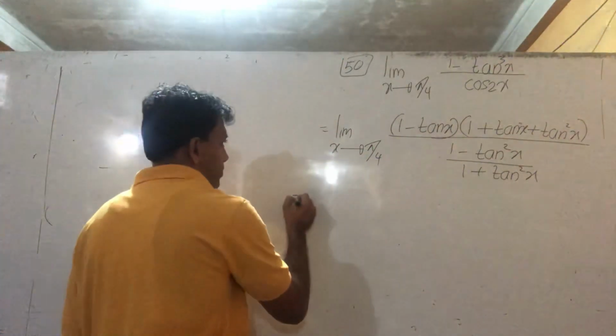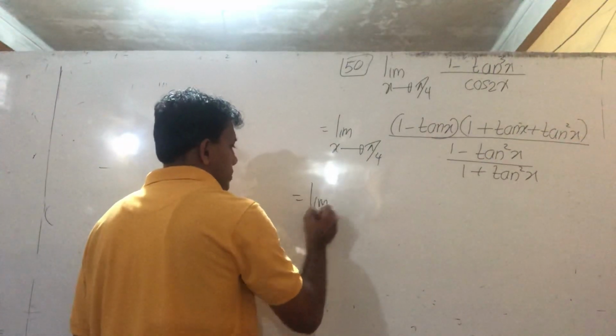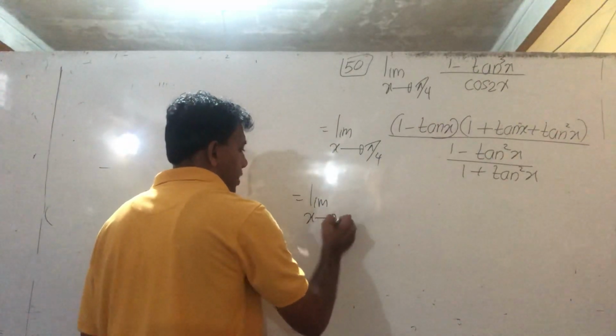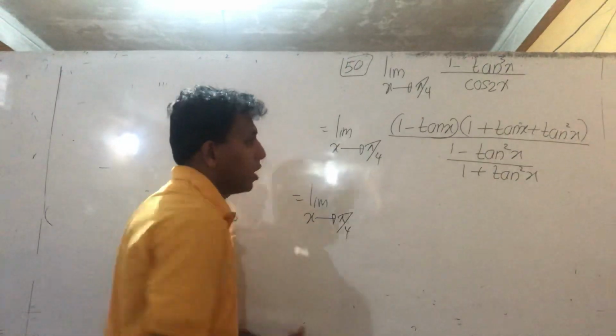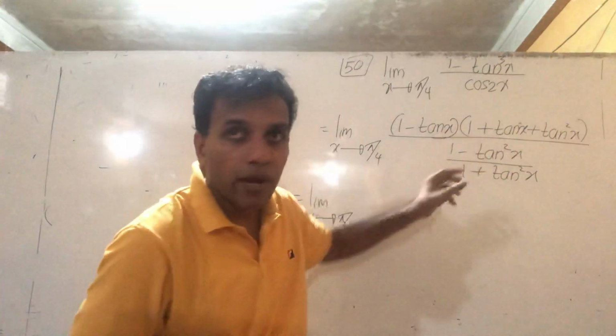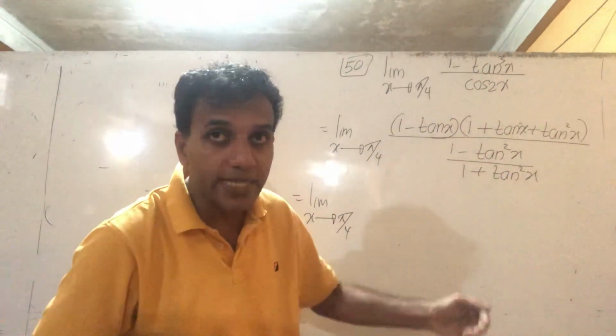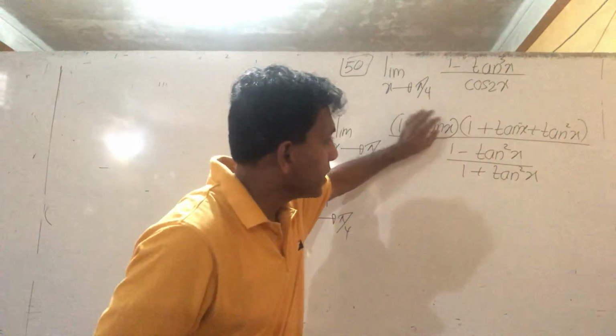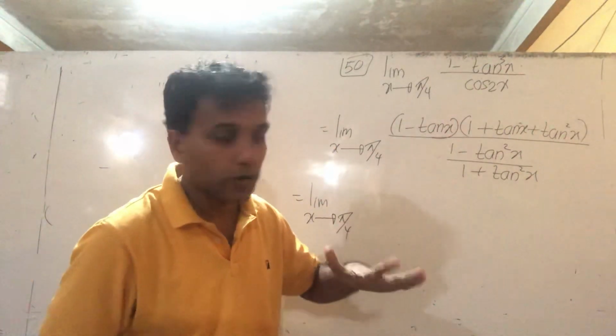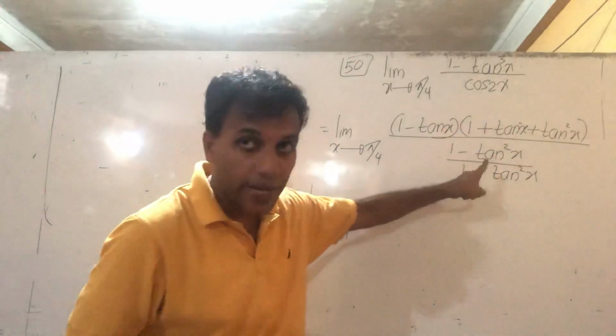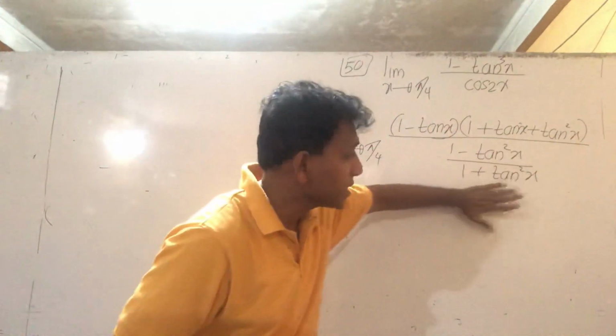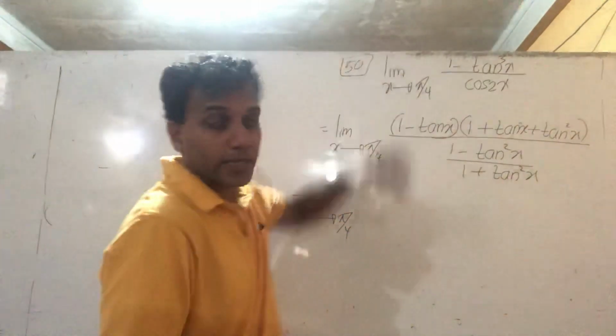So here, limit x approaches pi by 4, you can factorize 1 minus tan x, 1 plus tan x. So 1 minus tan x cancels, and another 1 plus tan x is available. Also this denominator goes up, right?